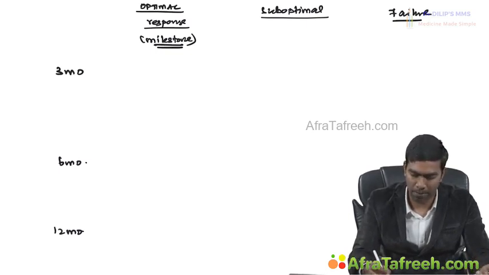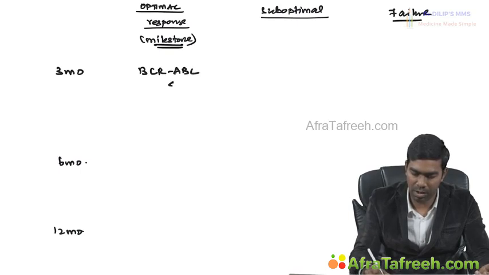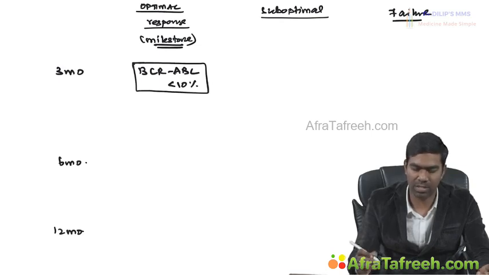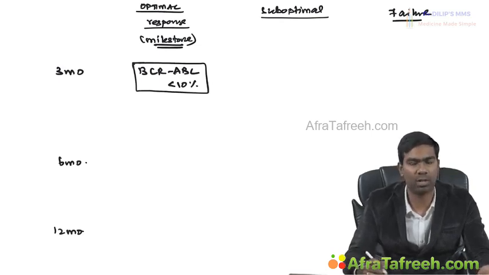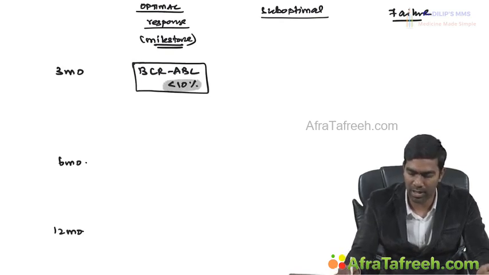So at 3 months, you have to achieve a BCR-ABL transcript ratio of less than 10%. It's not a complete, it's not a major molecular response, but at least less than that. By definition, it should be at least less than 10%, or at least more than 1 log reduction from the baseline. Remember, that is different.